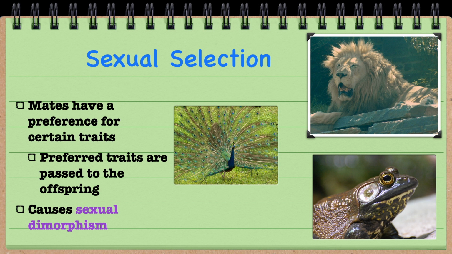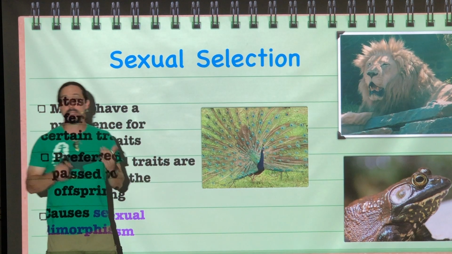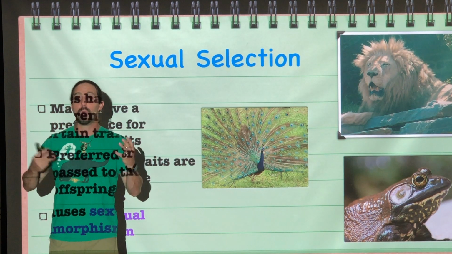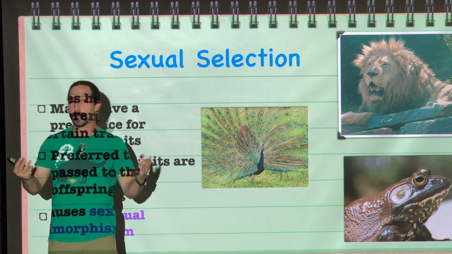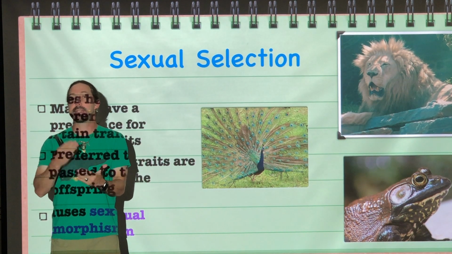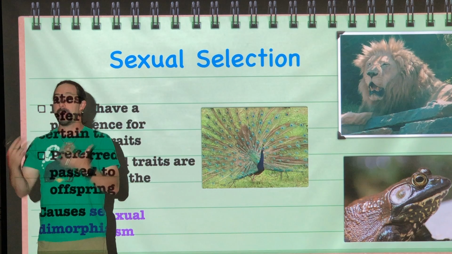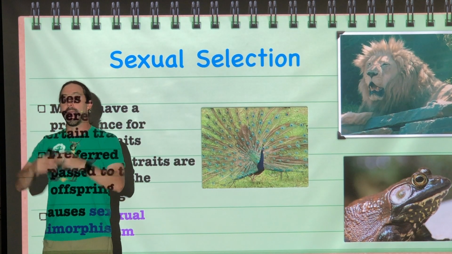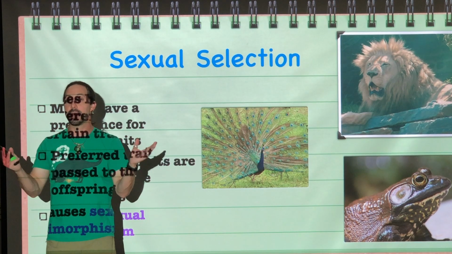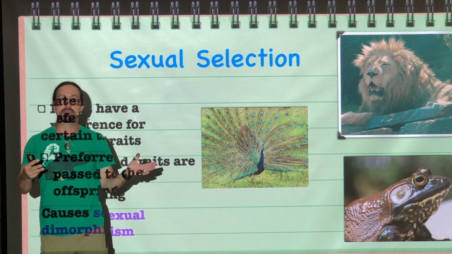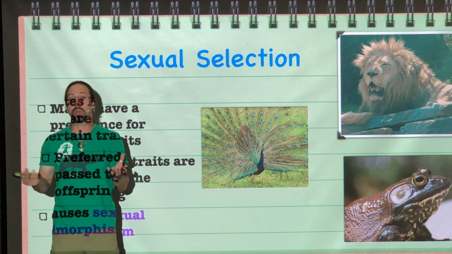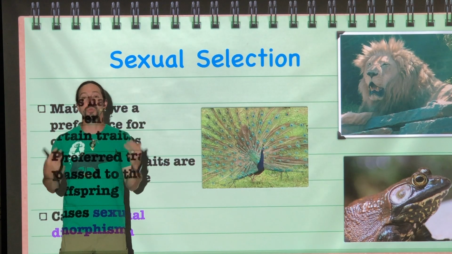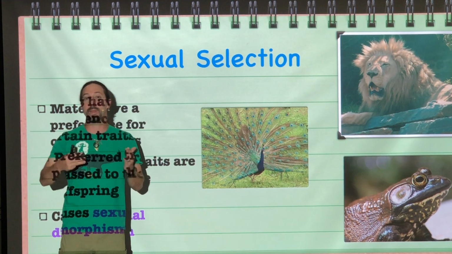And this leads to some very interesting things because we wouldn't anticipate that a long, heavy tail would be beneficial to the peacock. But because that is how the peacock attracts its mate, it ends up that the peacocks with longer and larger and more colorful tails end up having offspring, and the peacocks with smaller, less colorful tails do not actually have offspring and are favored against.